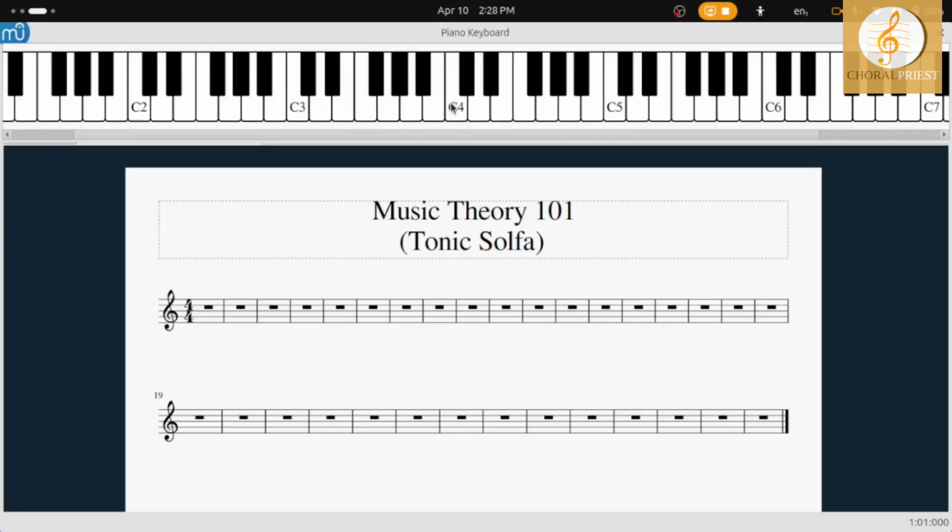Now, on the other way round, if we are going to take one octave higher than the middle C or the natural note, the key of C, it's going to be from C5. So that is it.